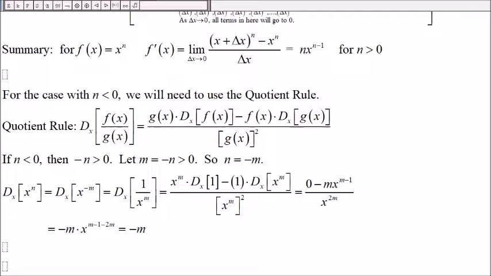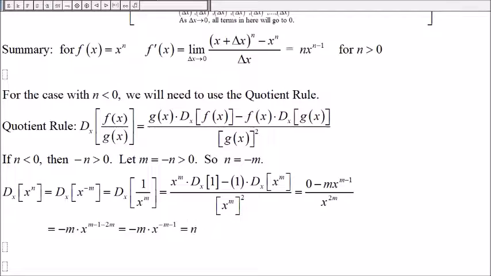And then this is negative m times, and this is m minus 2m, so it would be negative m, negative 1 times m minus 1. Once again, this is m minus 2m, so it's minus m, but negative m is n.